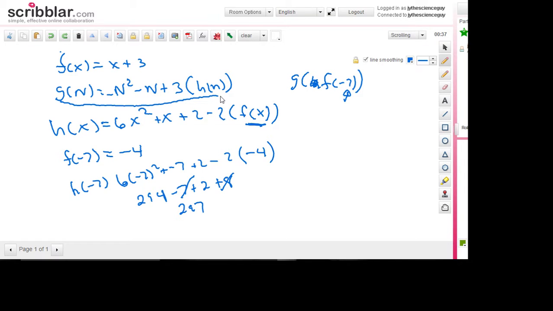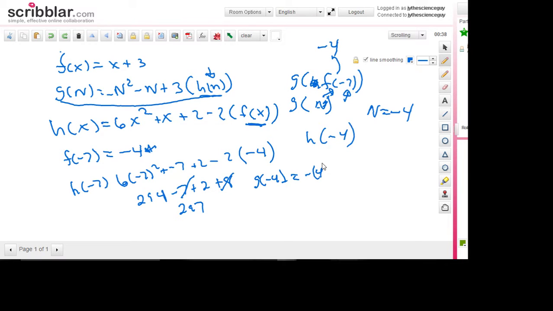So then I need to do g of negative 4 equals negative 4 squared, minus negative 4, plus 3 times h of negative 4. So I shouldn't have stuck 7 in there. I should have stuck negative 4 into this one, because I need to find out what h of negative 4 is. That's the step you did wrong.